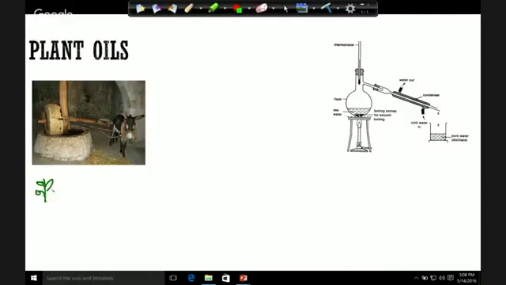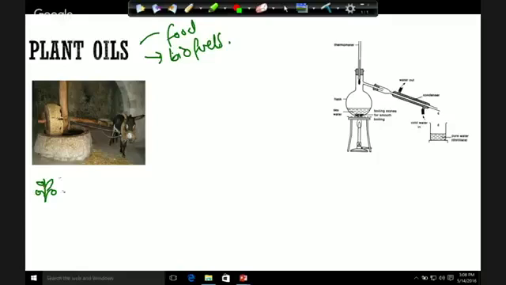And we would want to use that oil for cooking and for eating, and sometimes for biofuels as well. So sometimes plant oils we might want for food, sometimes we might want to use them for biofuels, like the vegetable oils that would go into biodiesel, for example.